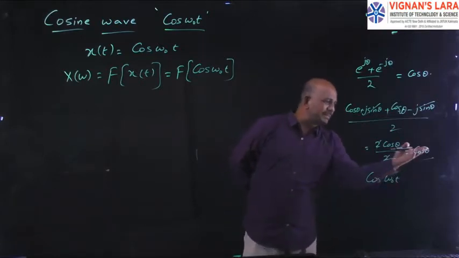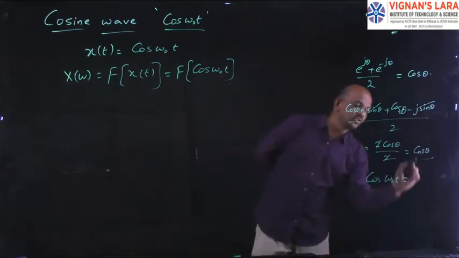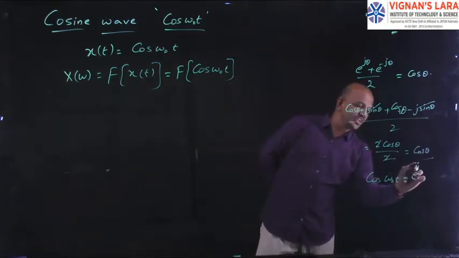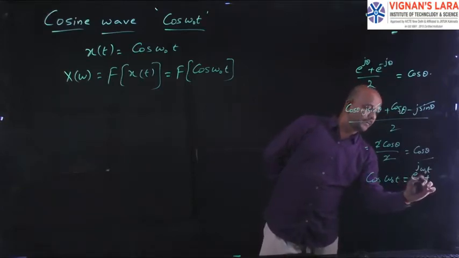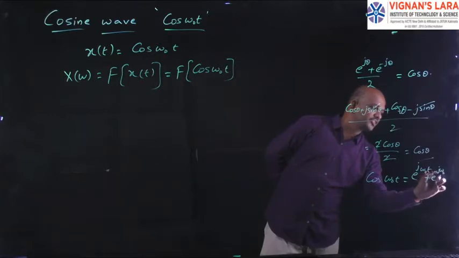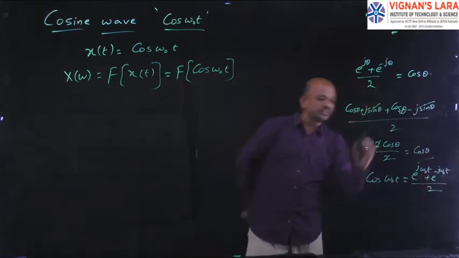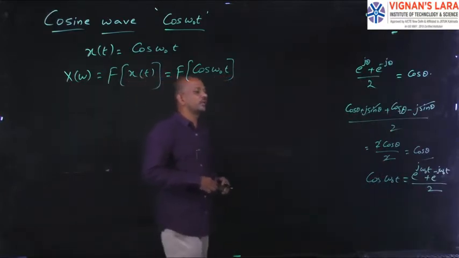In place of theta I am writing omega naught t. So the formula will be e power j omega naught t plus e power minus j omega naught t divided by 2. So in place of cos omega naught t I can write e power j omega naught t plus e power minus j omega naught t by 2.